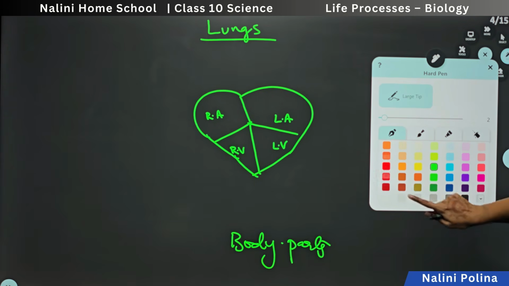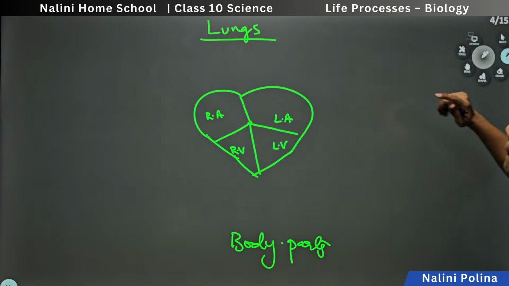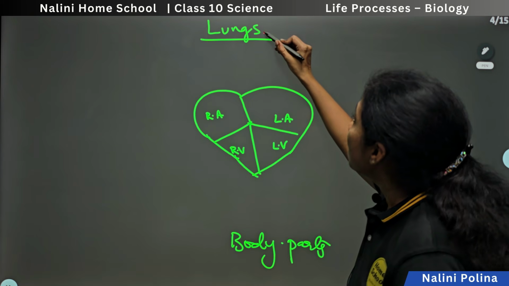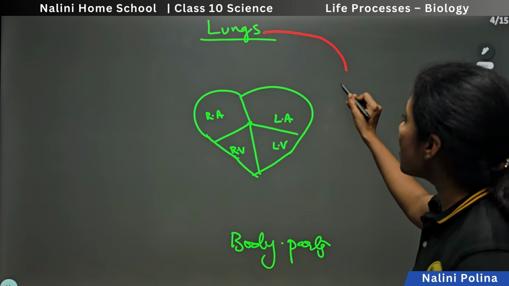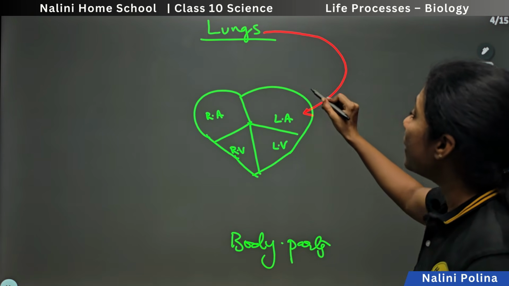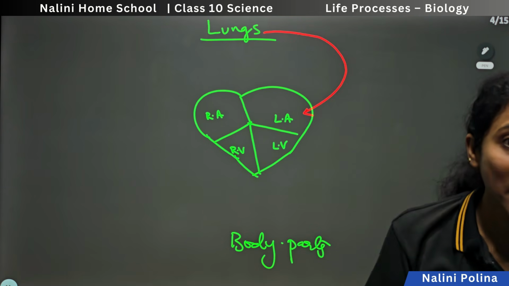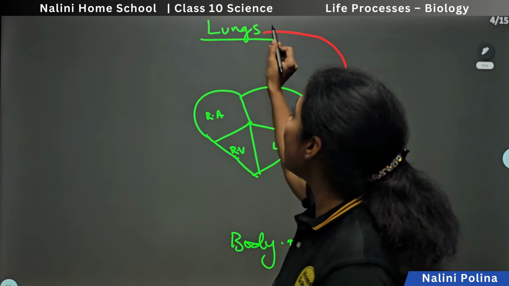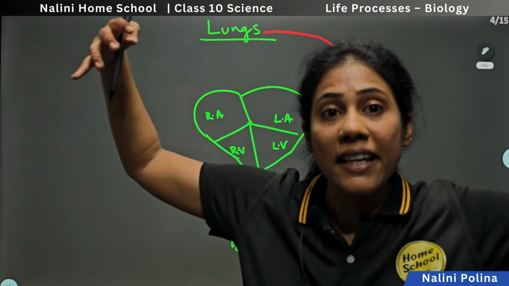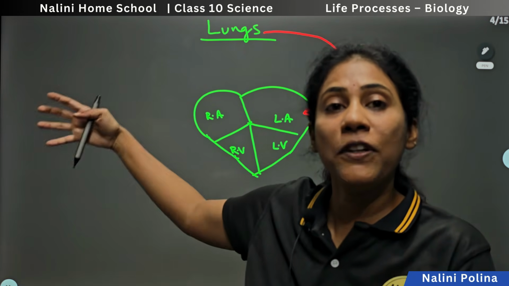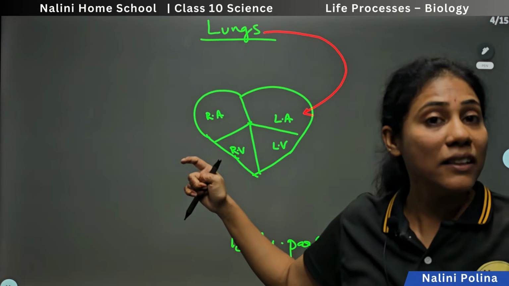There is a special pipe coming from a lung that carries oxygenated blood to the left atrium. From both the lungs, there are two pipes, one from one lung and the other from the other lung.